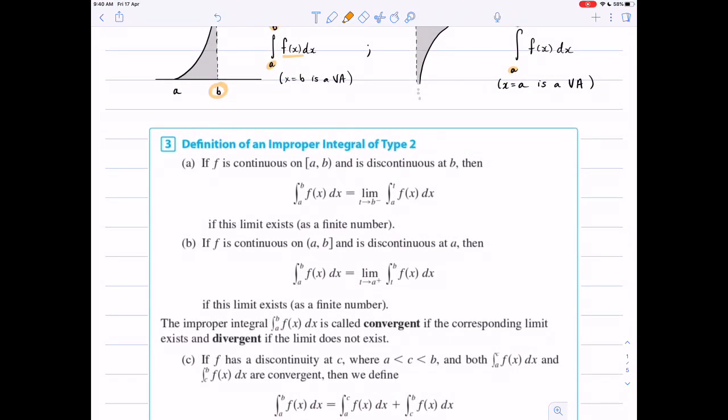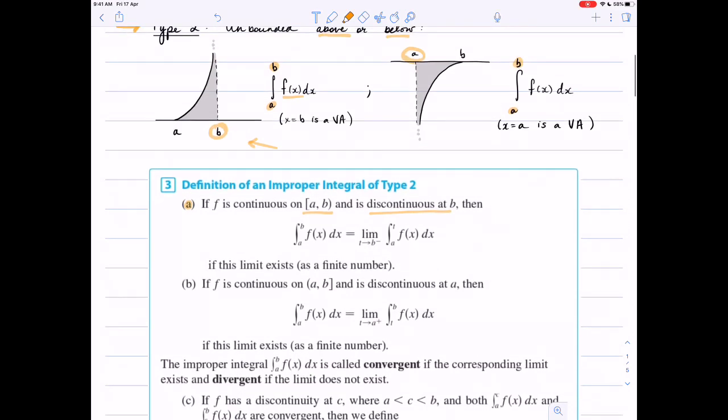The first part: if f is continuous on closed A to open B and is discontinuous at B, so I'm thinking about this kind of example right here that we just drew, then the integral from A to B, which looks normal, is actually improper, and it is defined as the limit as t goes to B from the left.